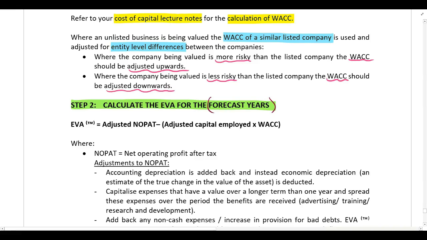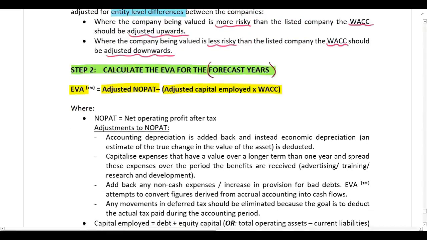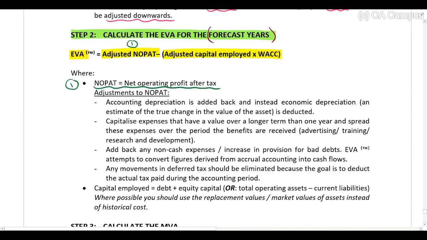Then how do we calculate EVA? Adjusted net operating profit after tax, and we deduct our adjusted capital employed multiplied by the weighted average cost of capital. So how do we calculate, firstly, this adjusted net operating profit after tax? And then after that, we'll look at the calculation for capital employed. So first, please note this is net operating profit after tax.